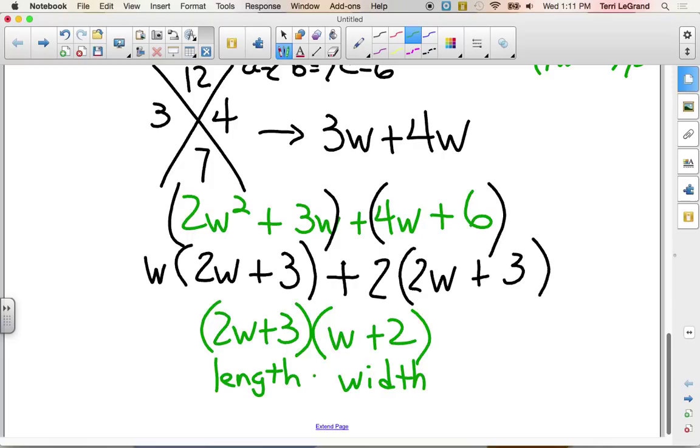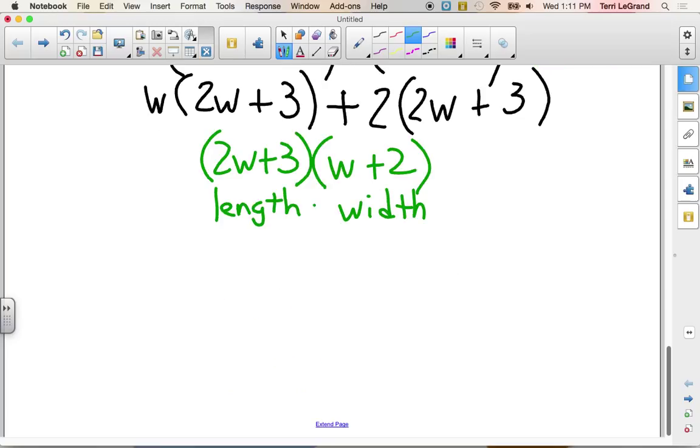The length before was 2W. What did it increase by? 3. The width was W before. What did it increase by? 2. Okay, let's write that out. One of the multiple choice answers, probably A or B, and then the answer that we really get would be one of the others, because they're going to make sure that you process properly.